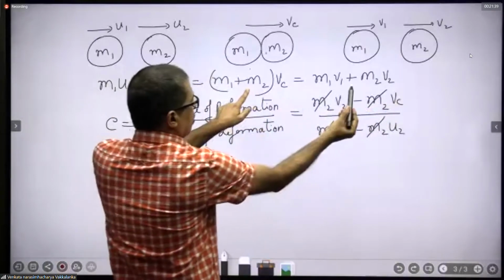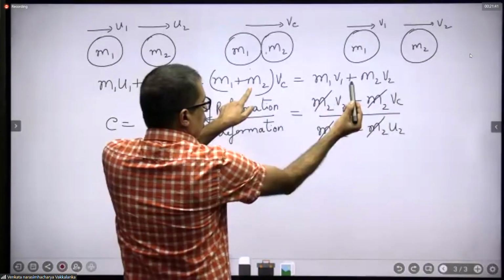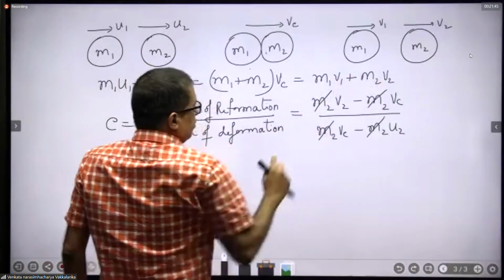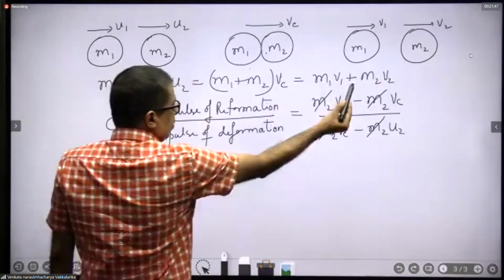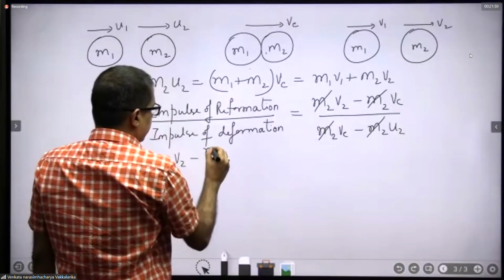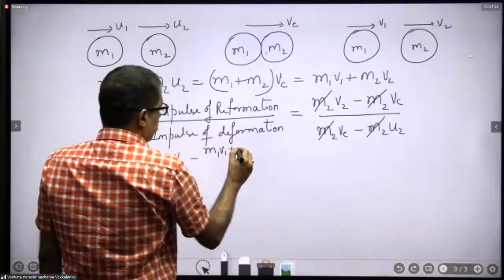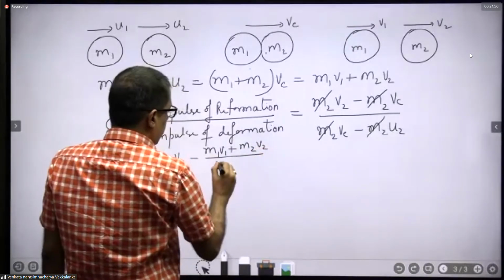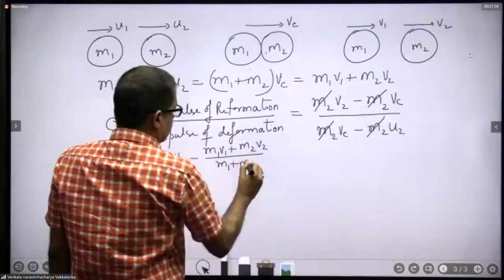I'll substitute from these two. Why not these two here? I have V2 in the numerator, so I will use V1, V2. For V common, I bring M1, M2 to the denominator: M1 V1 plus M2 V2 upon M1 plus M2.